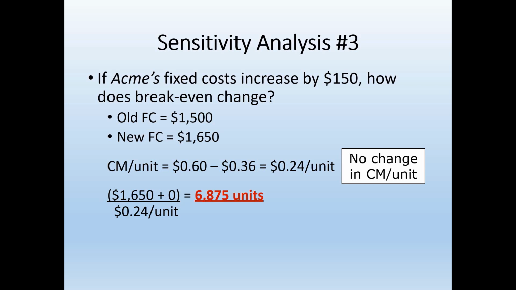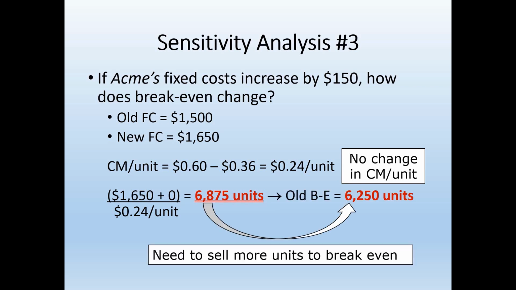When we compare the number of units that we'll need to sell to break even once the fixed costs have gone up, to the number of units that we had to sell to break even before the fixed costs went up, we can see we're going to need to sell more units in order to cover the higher fixed costs.